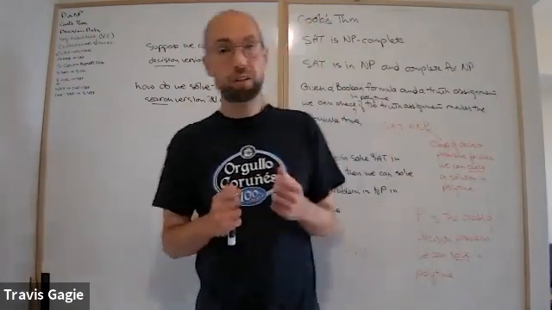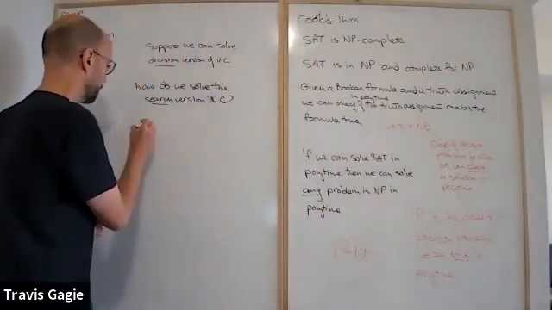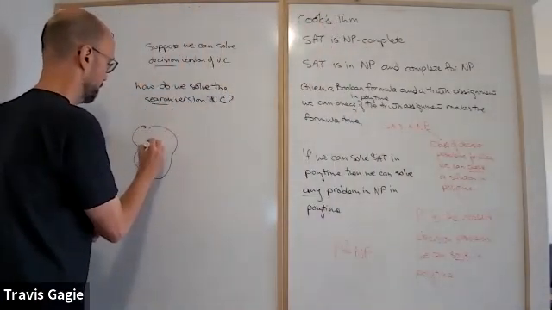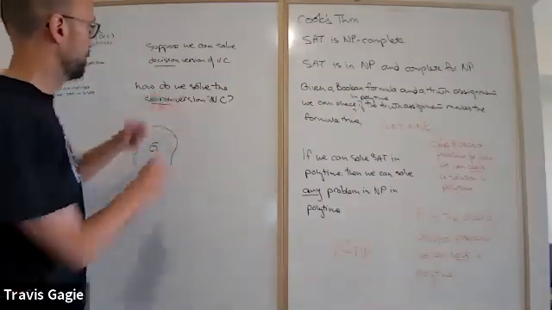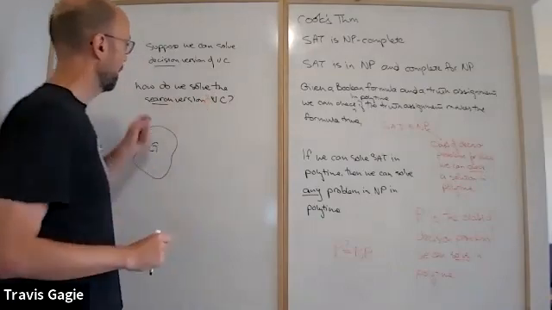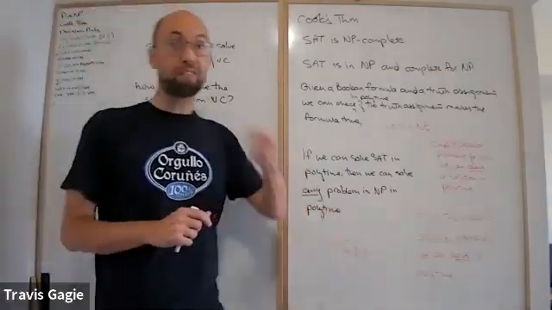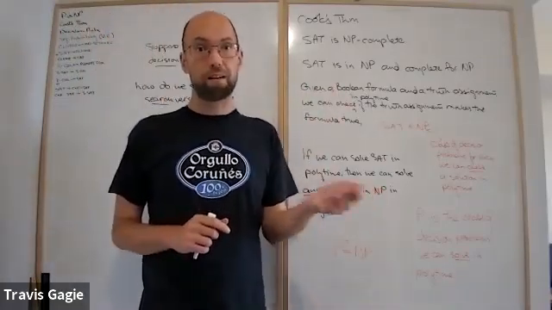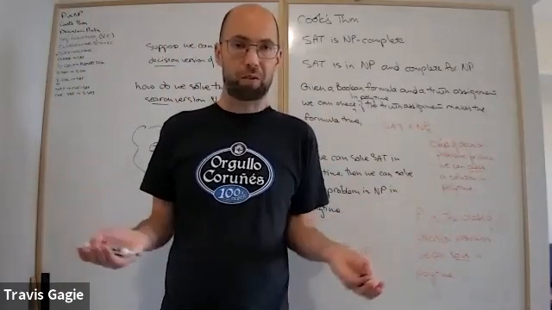Okay, so what you can do is you have this graph. The first thing you do is check to see, is there a vertex cover of size K? Because if there isn't a vertex cover of size K, then you can come back and say, look, you're asking me for something that's impossible.